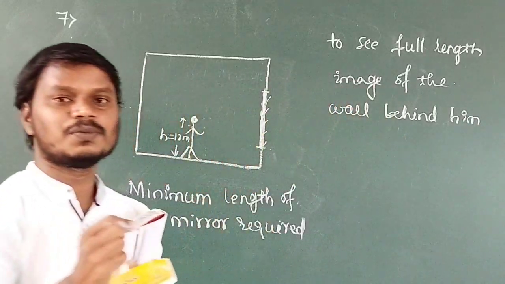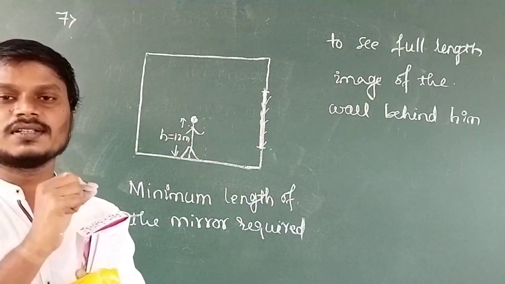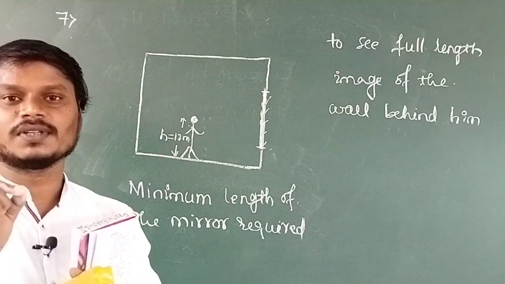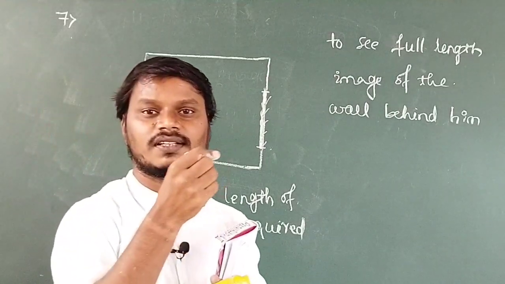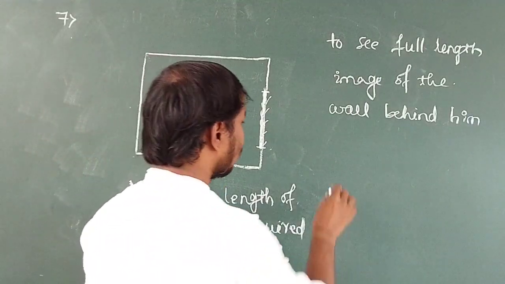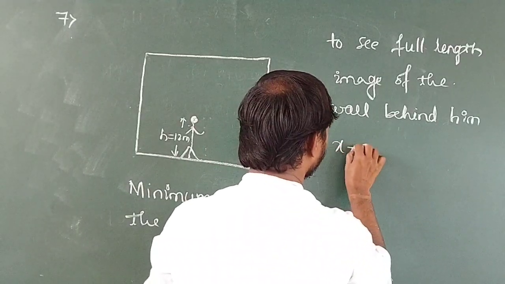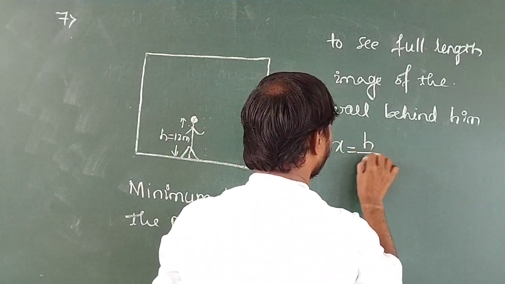So to see the full length image of the wall behind the person, what is the formula here? Formula is h by 3, means height of the man divided by 3. So that is minimum length, I will take x, then x is equal to h by 3.